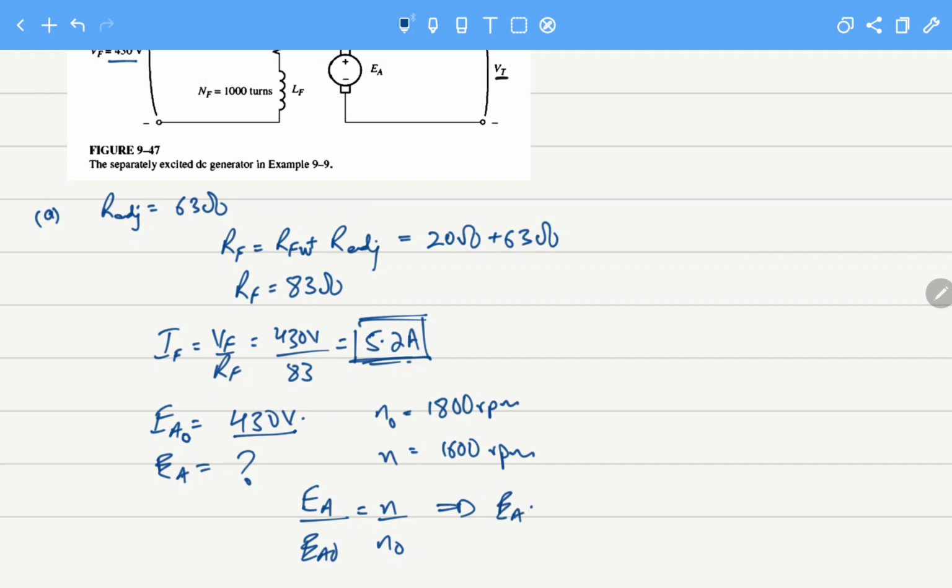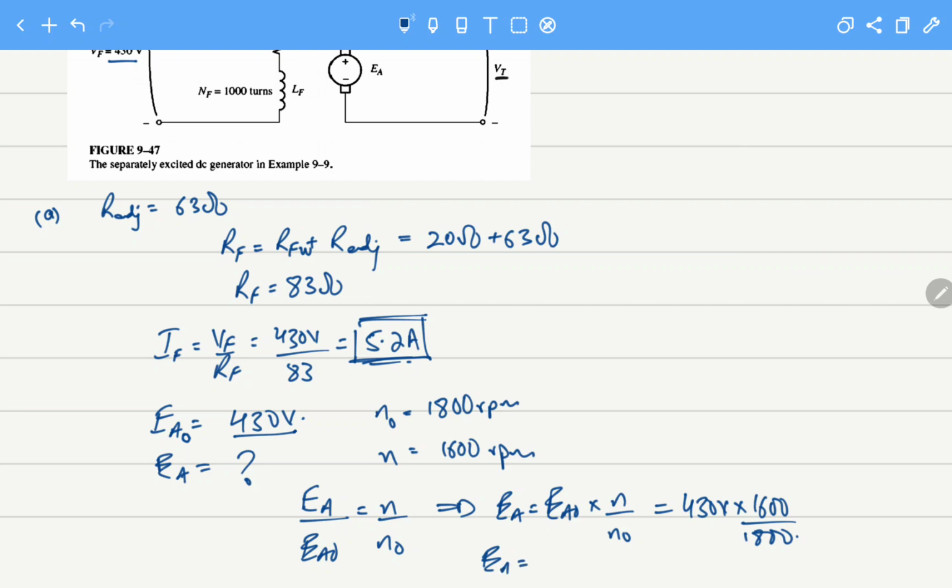So EA will be EA naught times N over N naught. What is N naught? It is 1800 RPM. What is EA naught? It's 430 volts. N is 1600 and this is 1800.